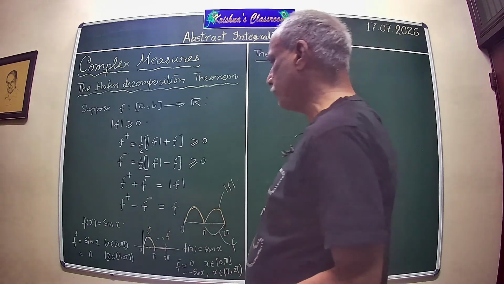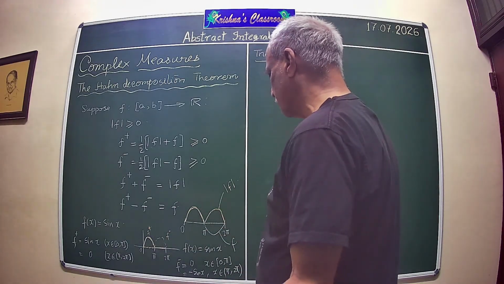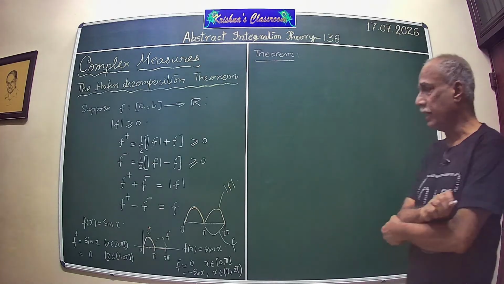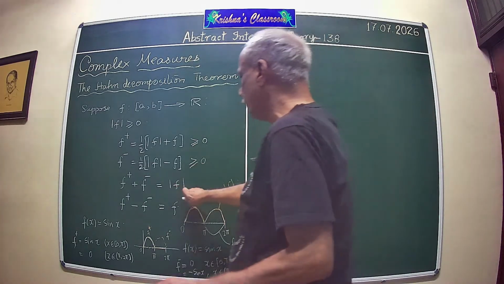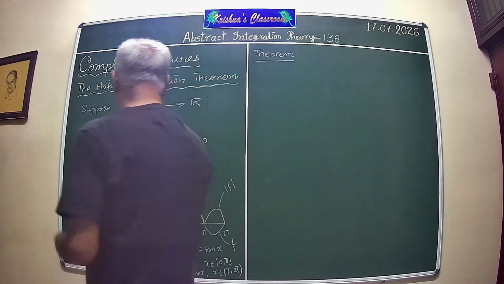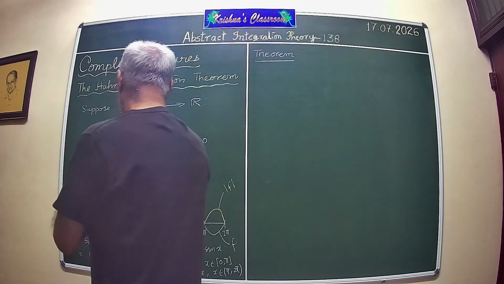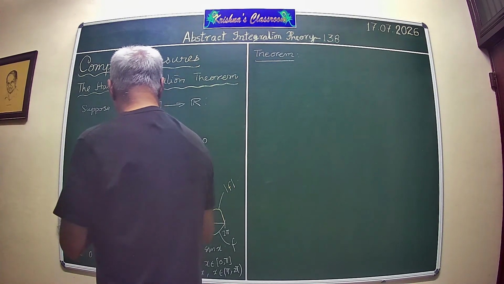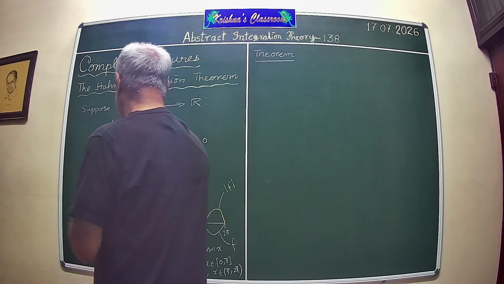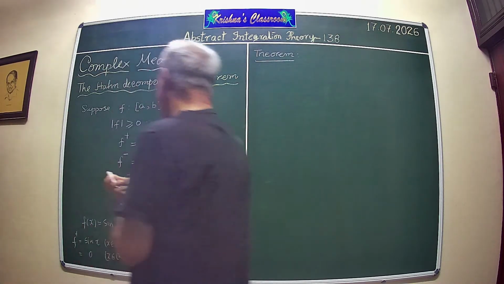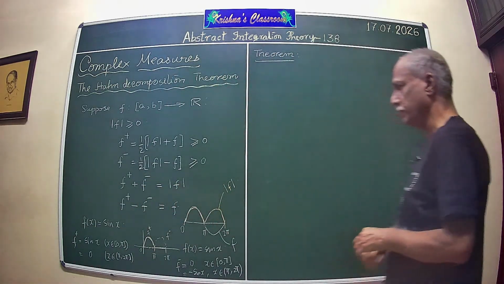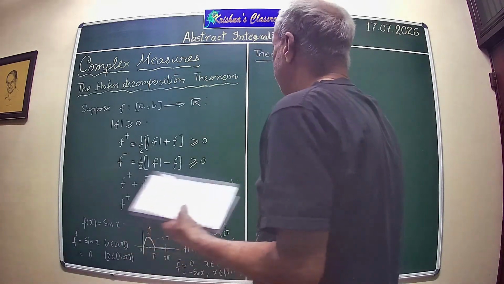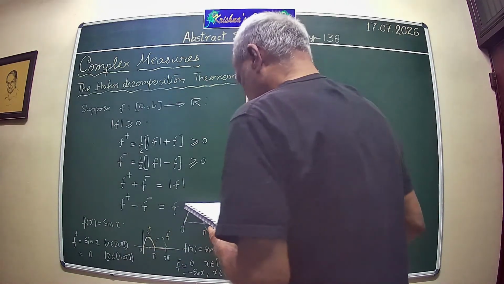Both f plus and f minus are now non-negative functions. That is the breakup that you have, and consequently you can write mod f as the sum of f plus and f minus, and f as the difference of f plus and f minus. So that's the result that you have. Now we are going to generalize this theorem. This is the Hahn decomposition theorem.